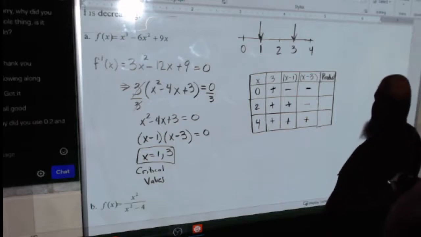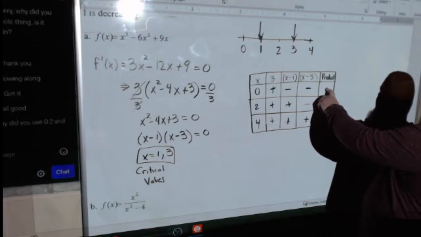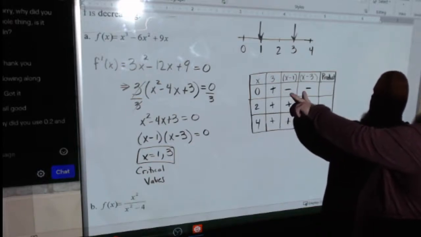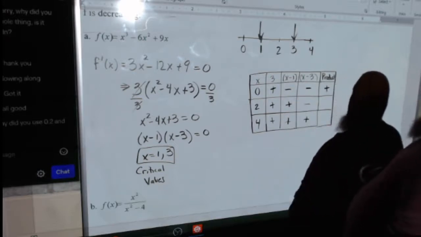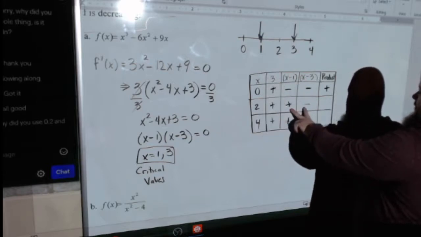So now, look at the signs and say what would be the sign of the product. If I multiply a positive times 2 negatives, I get a positive. So again, this column really doesn't matter in this case. I'm just going to look here.